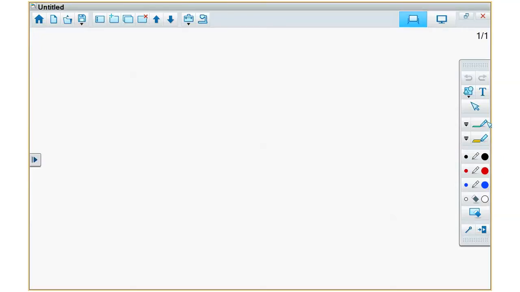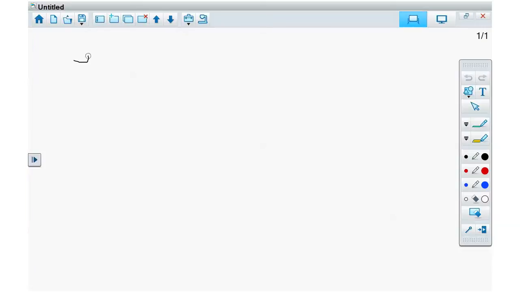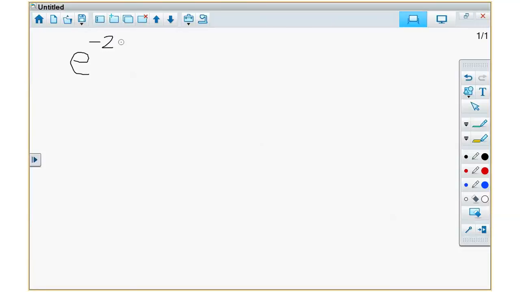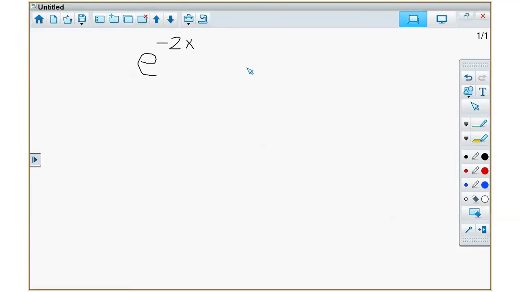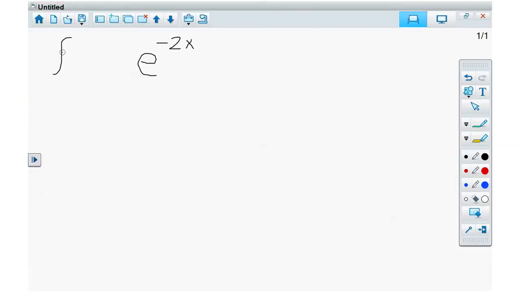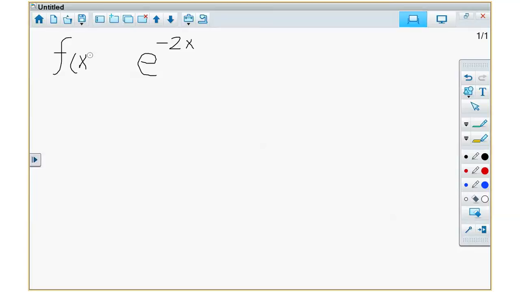Let's go with e to the negative 2x. Now, before you start, you might want to write it out like it's supposed to be written out because it might help. f of x is equal to, or y is equal to e to the negative 2x.